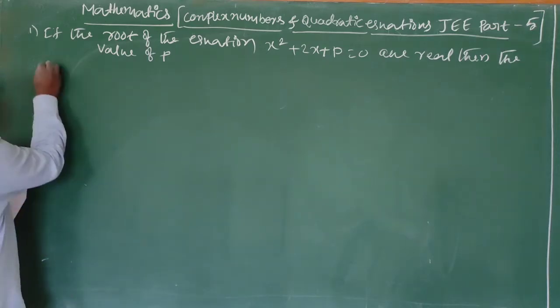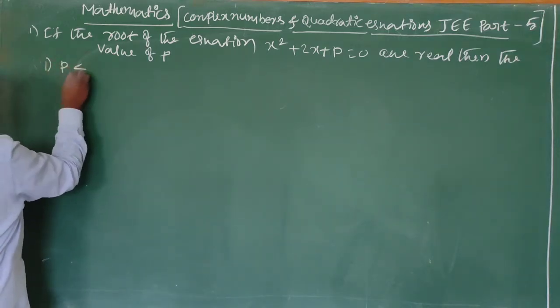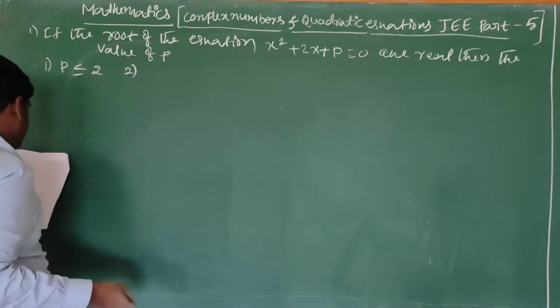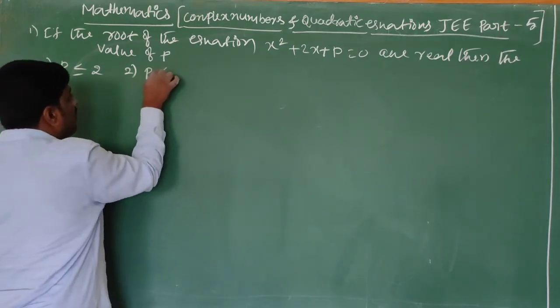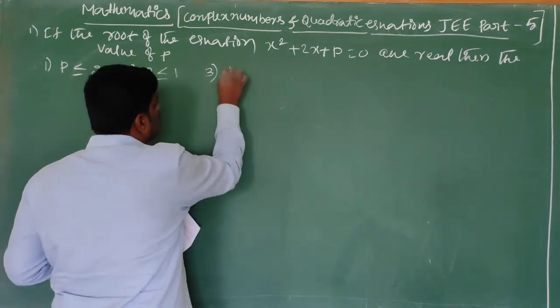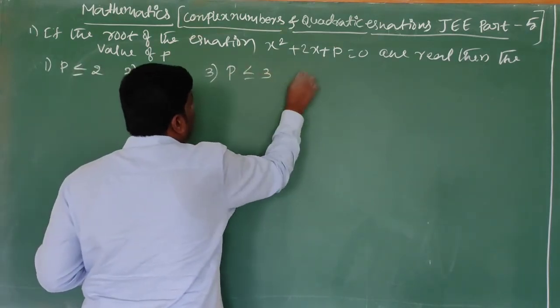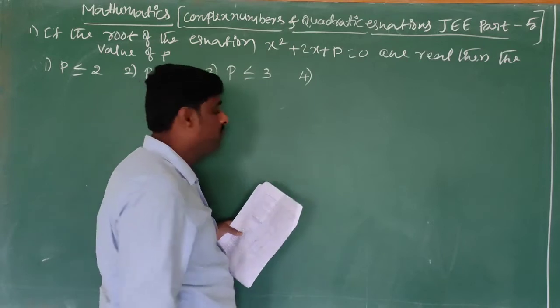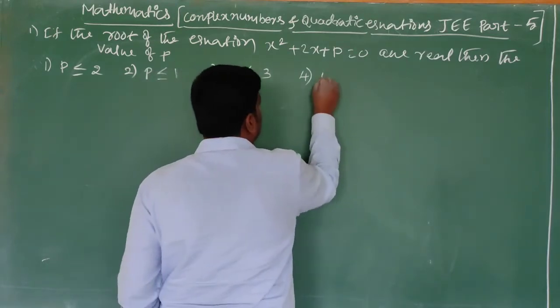First option, p less than or equal to 2; second option, p less than or equal to 1; third option, p less than or equal to 3; fourth option, none of these.